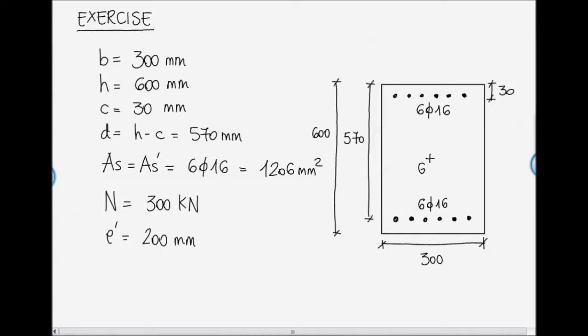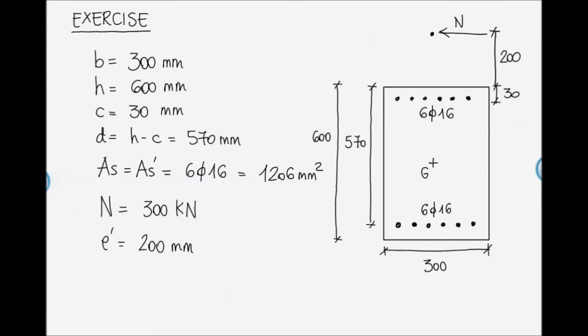This is the concrete cross-section we are considering. The axial force N is applied externally at a distance E prime equal to 200 millimeters from the superior fiber of the cross-section. Well, so in this case, for sure, the point of application of the eccentric axial force falls out of the central core of inertia. So we are in the case of a high load eccentricity, and we will have a partialized cross-section.